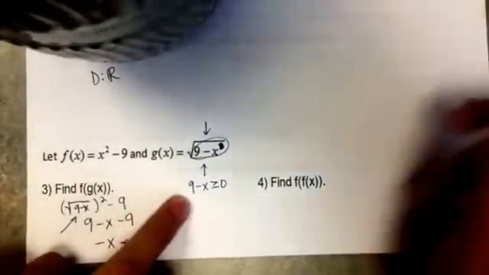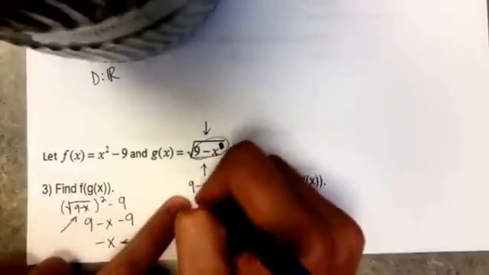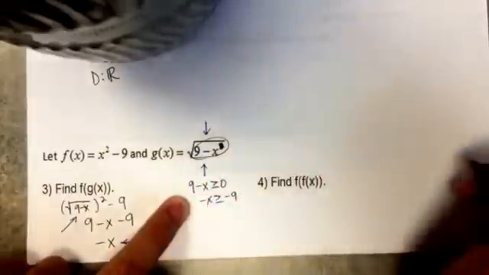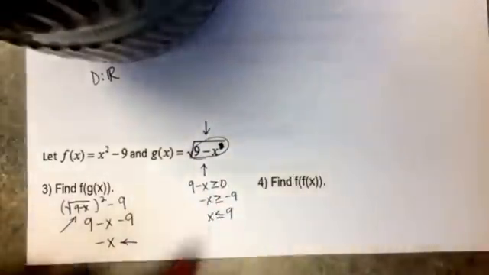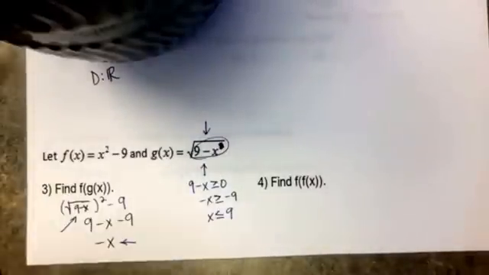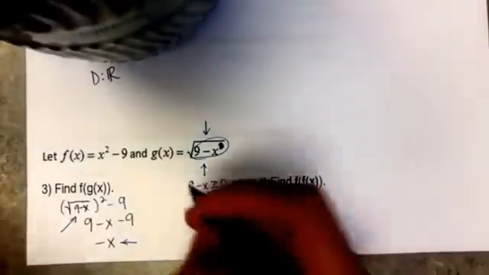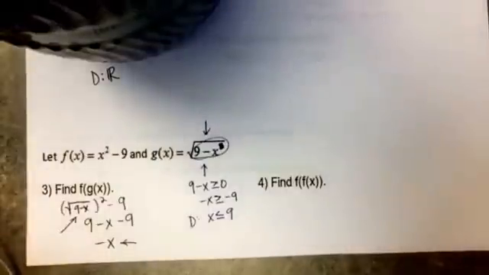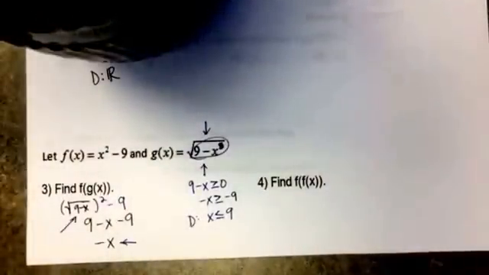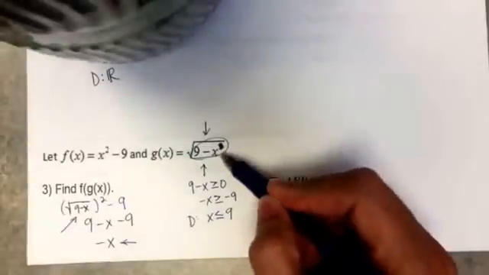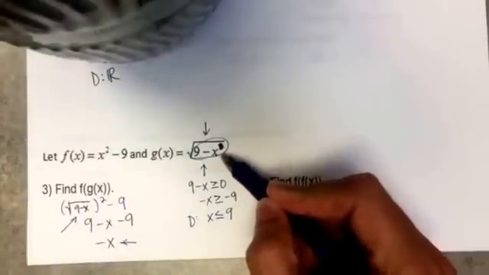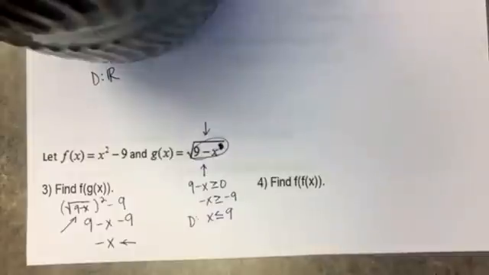So all we're going to do to solve that is subtract 9, and then divide by negative 1. Notice that when you divide by negative 1, the sign flips, and this is actually your domain. X can be anything as long as it's 9 or smaller. So I can use 9 in here. I can use 8, 7, 6, 5, negative 2, negative 3, negative 4, all the way down.